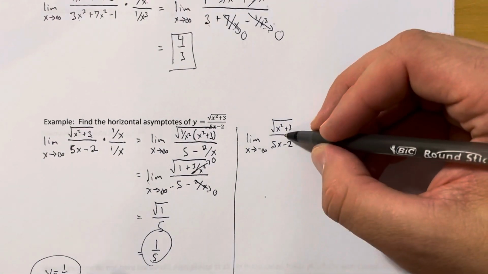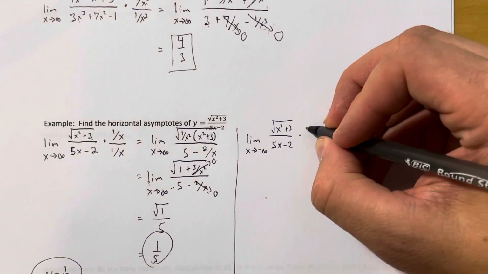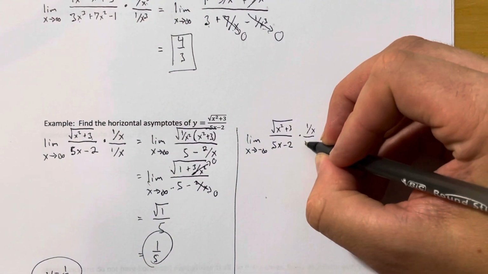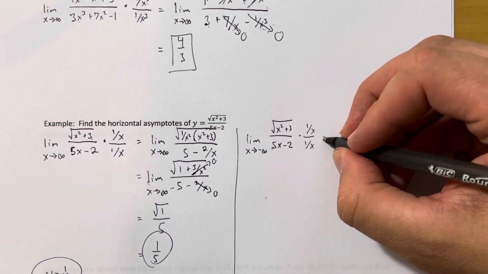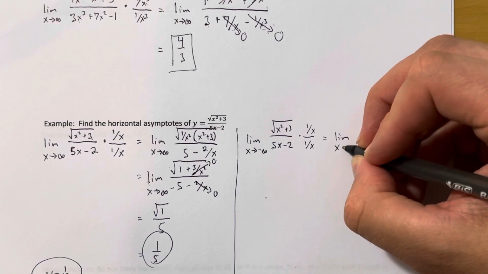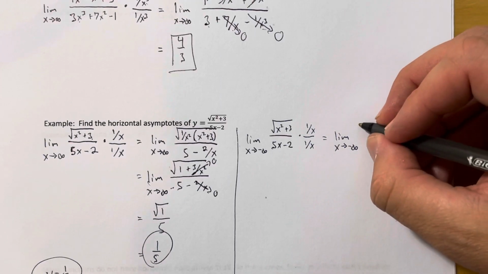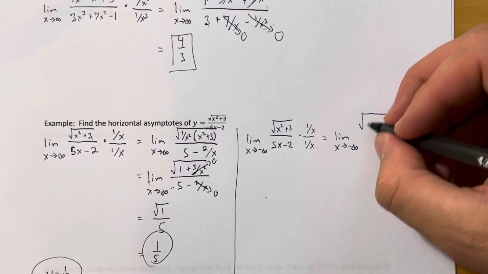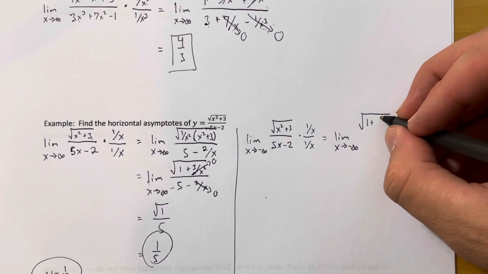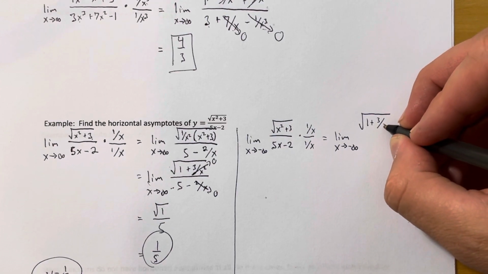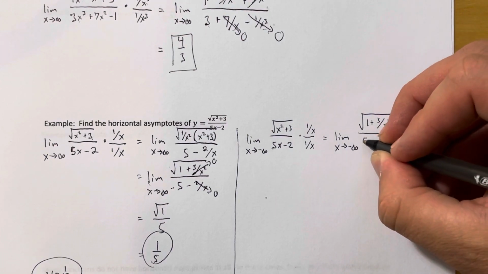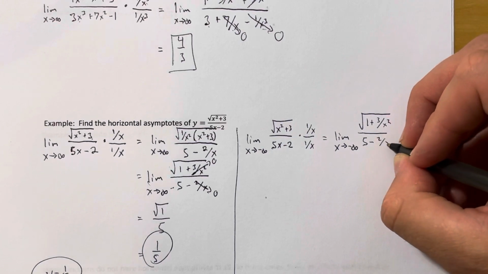Well, it's the same function, so I would simplify it in the same way. This is equal to the limit as x approaches negative infinity of this guy right here, the square root of 1 plus 3 over x squared, over 5 minus 2 over x.